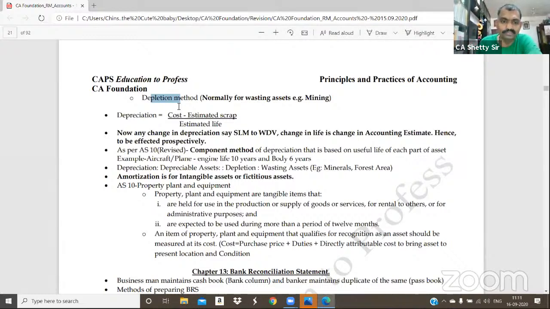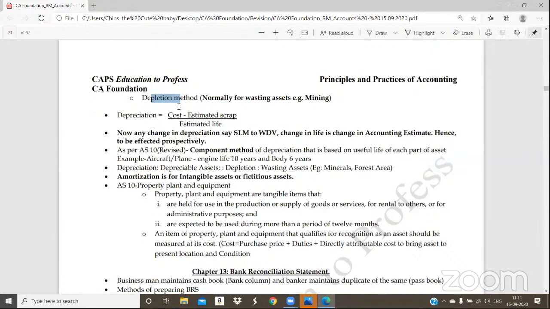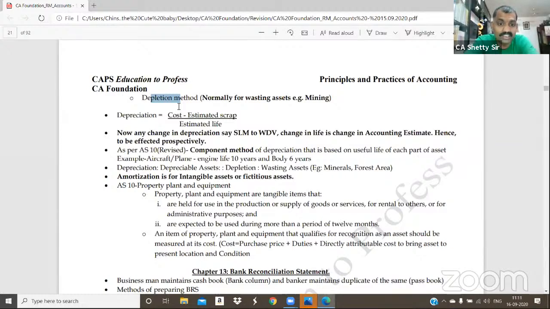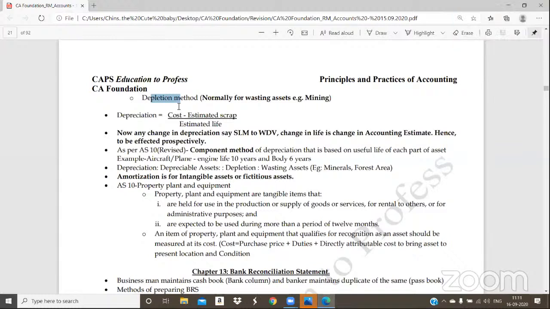All of you write down. Please note four remarks. First one, depreciation is for PPE, or tangible fixed assets. Second remark, amortization is for intangible or fictitious assets.